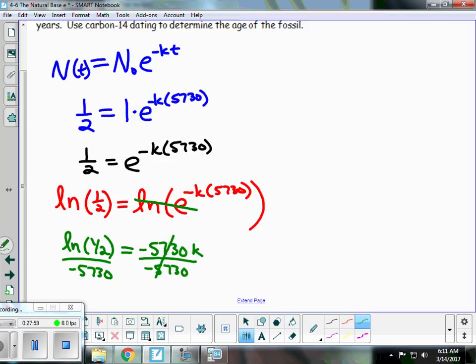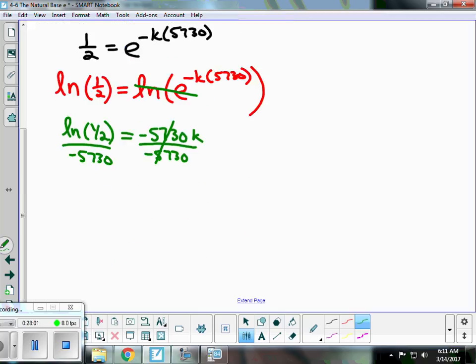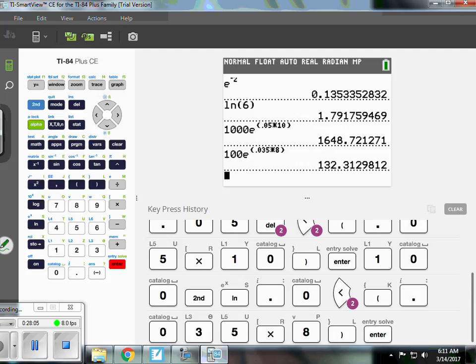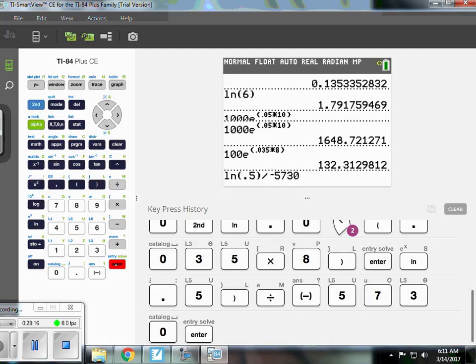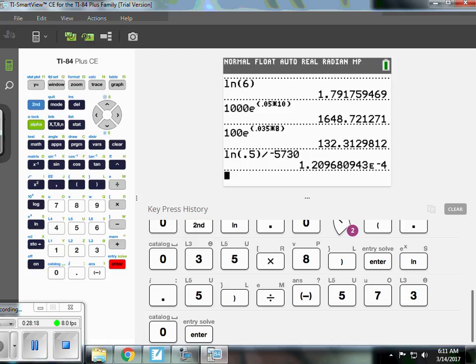It cancels here, and K is approximately equal to, use our calculator here, the natural logarithm of 1/2, or I'm just going to type in 0.5, divided by negative 5730. It's one of those things when it's got the E in there. Well, don't be afraid of that. Remember, that's scientific notation.